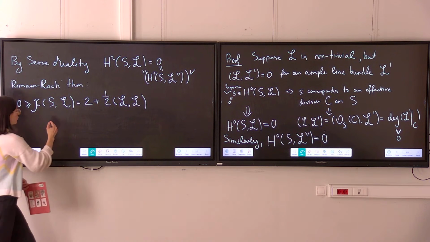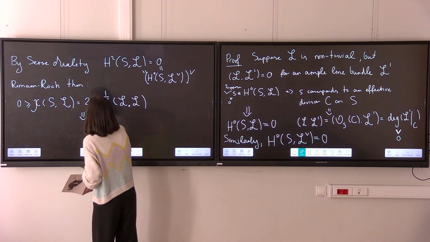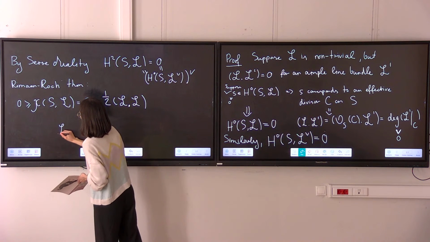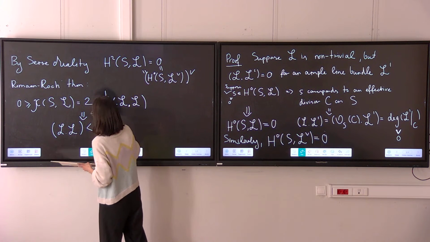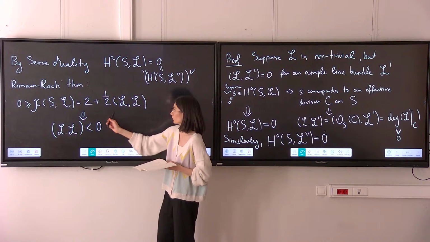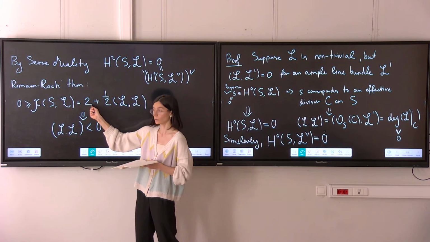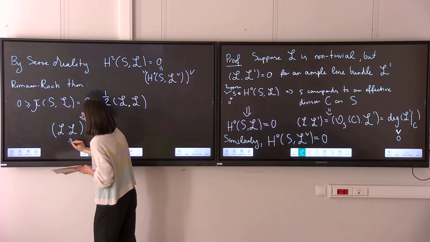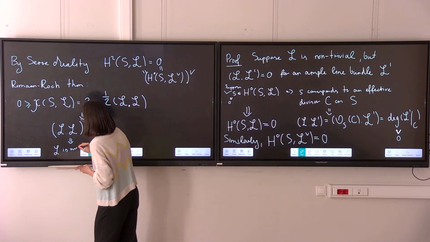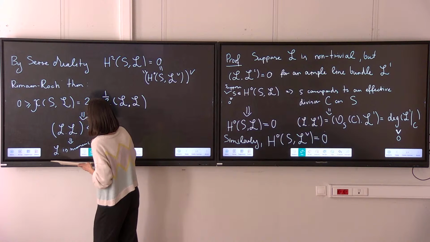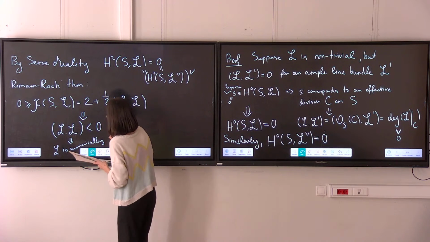And from this, we immediately obtain that the self-intersection is strictly less than 0. It cannot be 0, because otherwise we would have 2 here, right? And this means that L is numerically non-trivial.